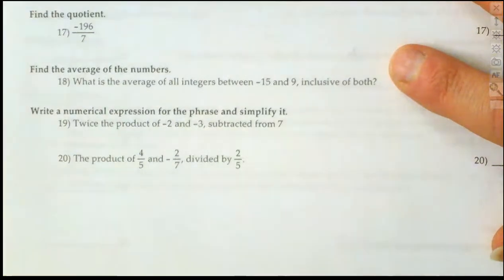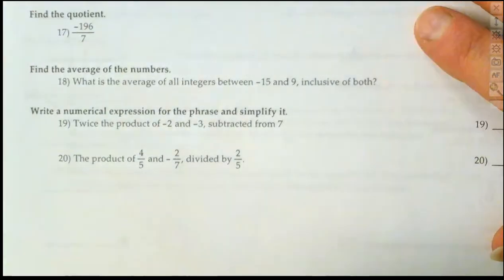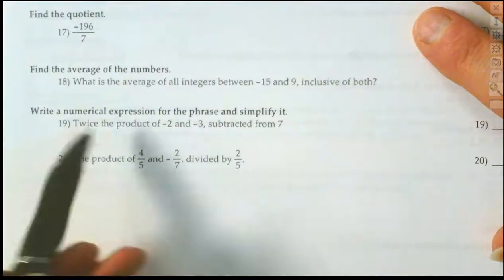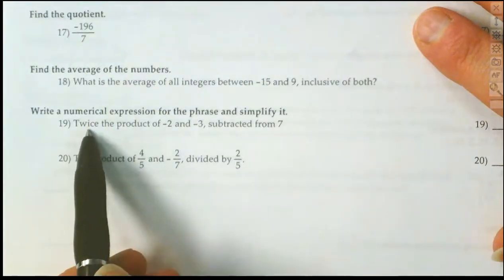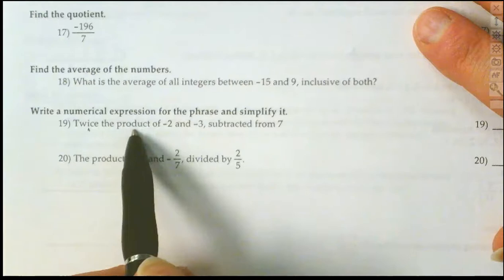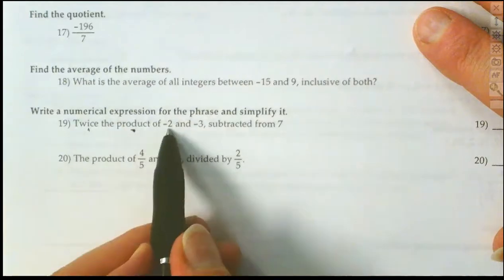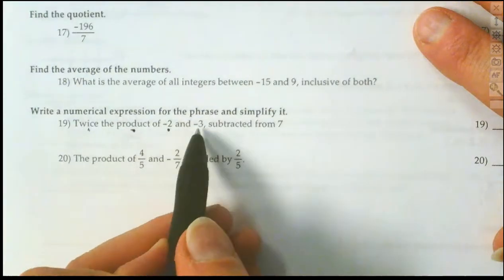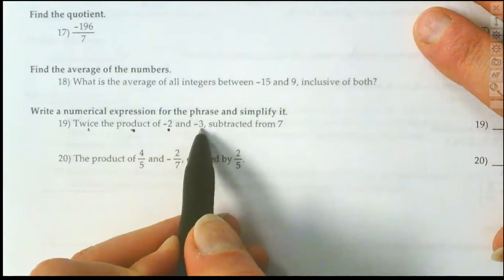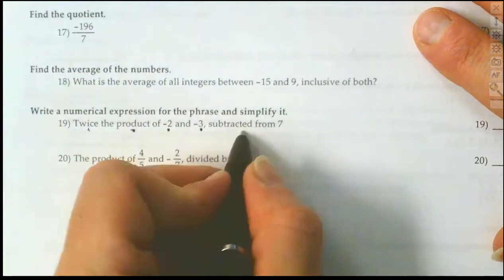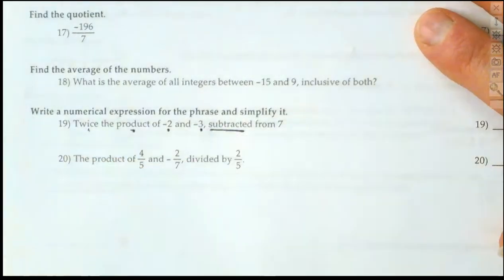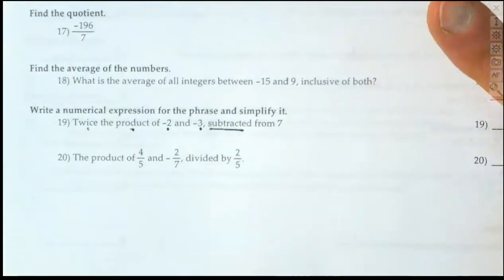Let's read it and then try to identify all the different pieces. Twice the product of minus 2 and minus 3 subtracted from 7. So we're going to subtract that from 7.